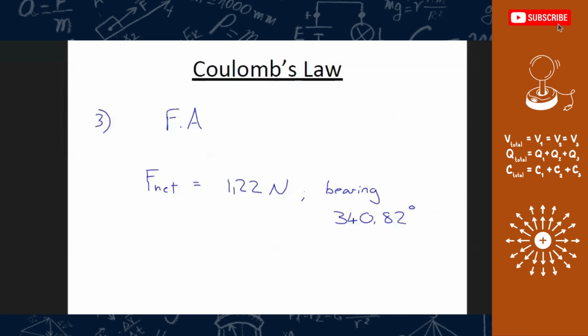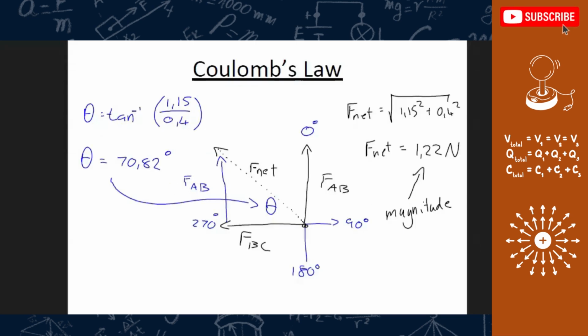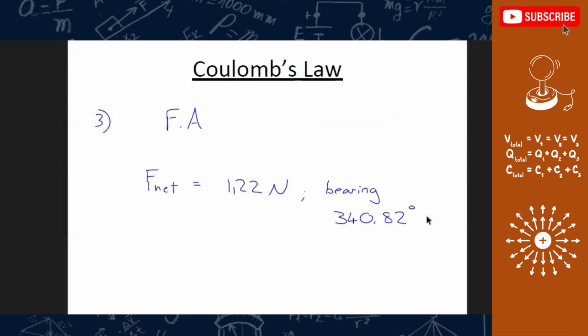No questions. Here they're talking about bearing. So bearing is when you take into consideration from the positive y-axis all the way to where your resultant force is. So you would have to say 270 plus that 70.82 to get the bearing, and the bearing would then be 340.82 degrees.